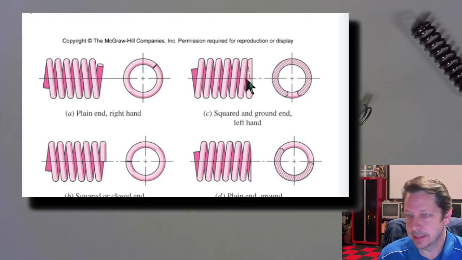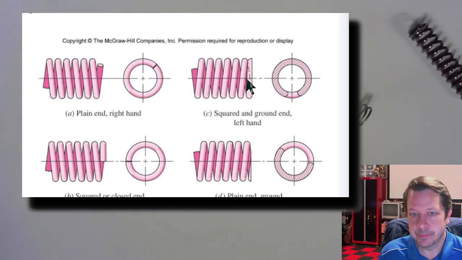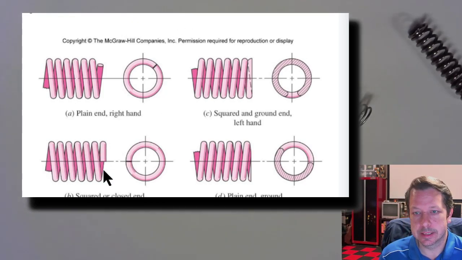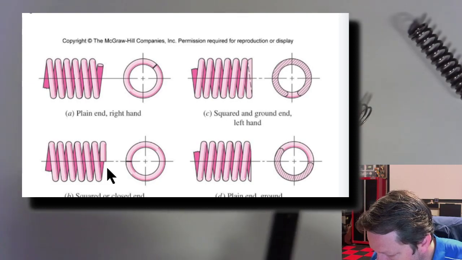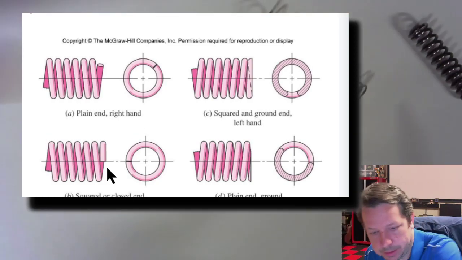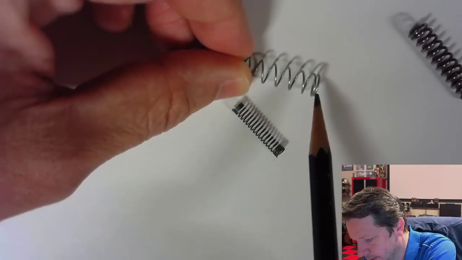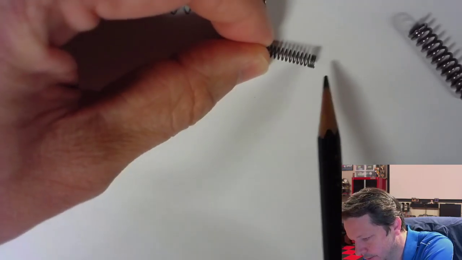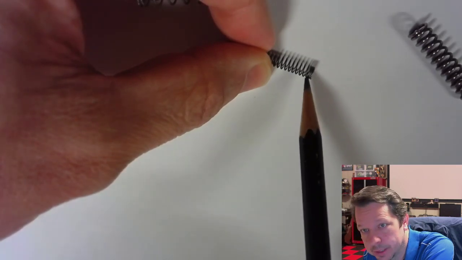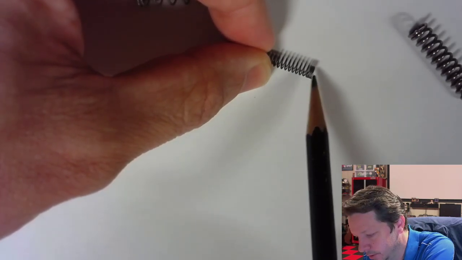These that we have to look at here are this kind of style. Now, the ones here have a variety of different amounts of coils at the end. This one's got basically one coil at the end. The little one in the spring has maybe two or three coils that have been squeezed flat. This one's got maybe half a coil or so.